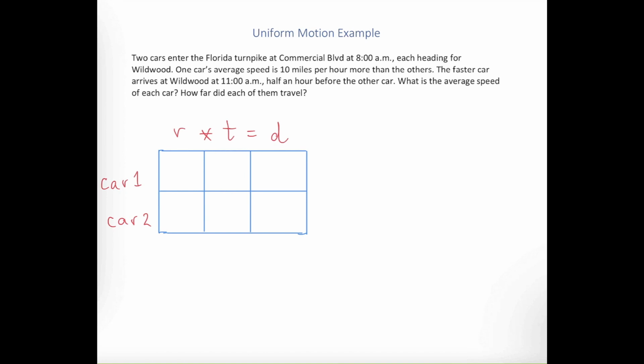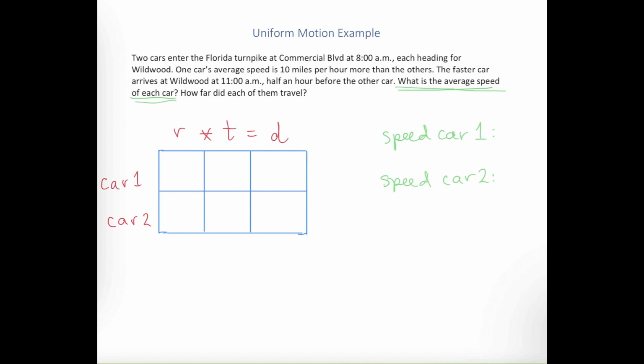What is the average speed of each car? None of that information is obvious where it goes in, but the unknown quantity is the average speed of each car. Let's say the speed of car 1 is one of our unknown quantities, and the speed of car 2 is the other unknown. We identify our unknown quantities by looking at the last question.